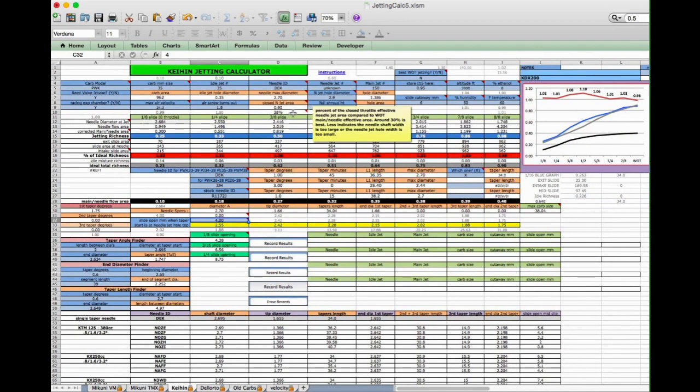It is the ratio of the spacing between the needle and the needle jet when the slide is closed, so it's just the straight portion of the jet and the needle jet, compared to wide open throttle jet flow area.